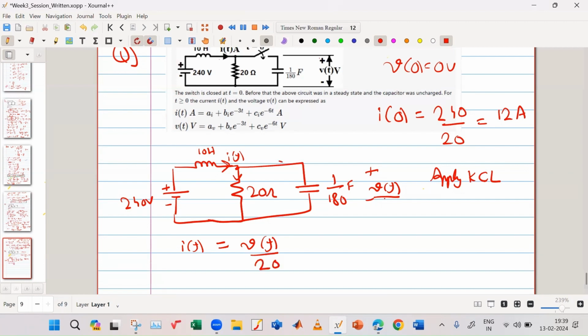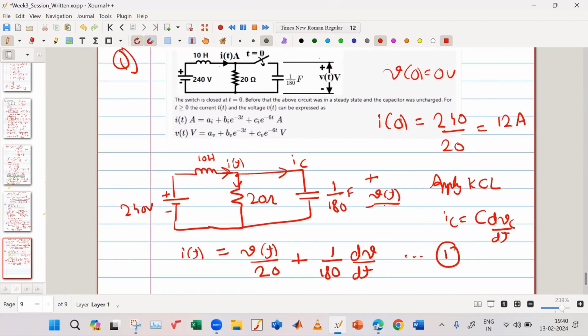This I've got. Now, what is the current flowing in the capacitor? The current flowing in the capacitor, as you guys know, is C into dVC by dt. So that will be 1 by 180 into dVC by dt. Okay. So this is my equation 1. I got my first equation.